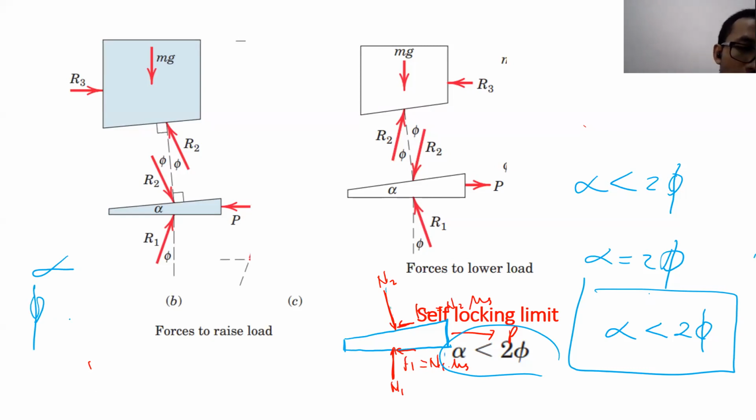Tangent phi is equal to mu, whatever mu you use. It depends on the condition. If it's stationary, then mu s. If it's moving, then it's using mu k. Any other question here?